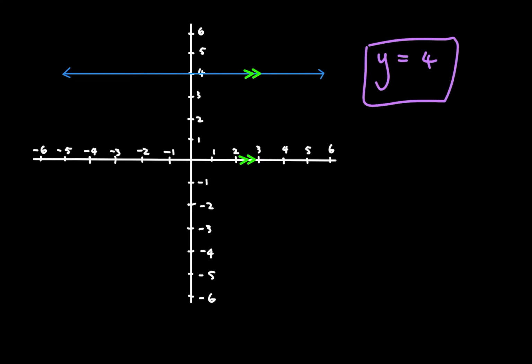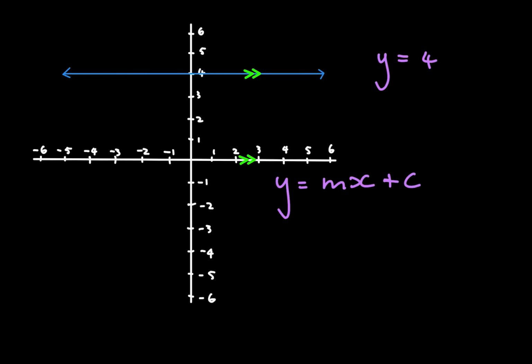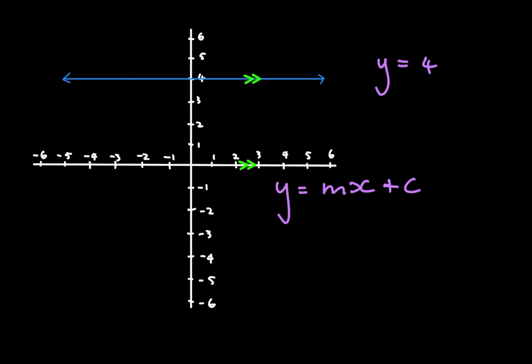So it's quite simple that this is 4, but let's go ahead with this method where we go from our standard form, and we'll prove to you why it's true. So if we take the gradient here, gradient is the change in y over the change in x. So the change in y is 0 because this line is horizontal.